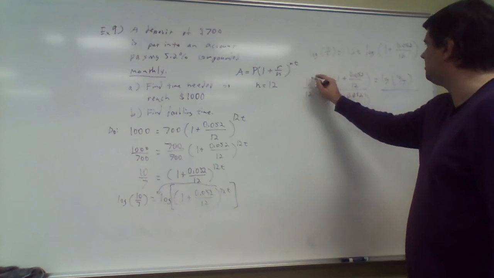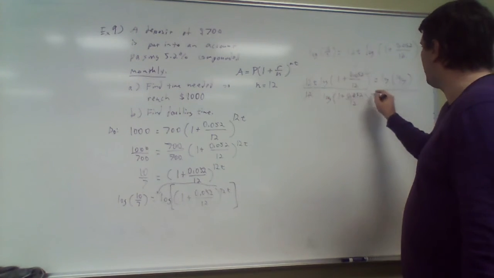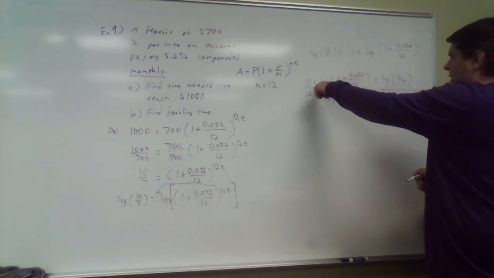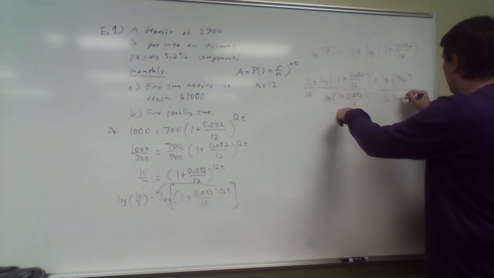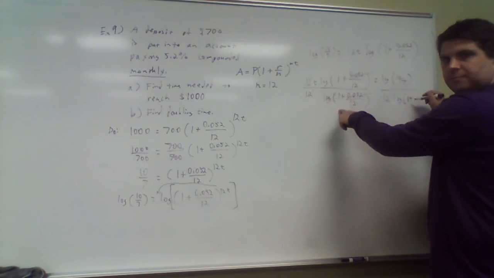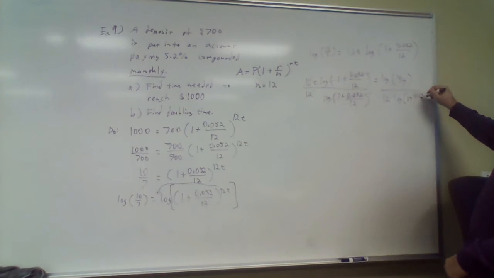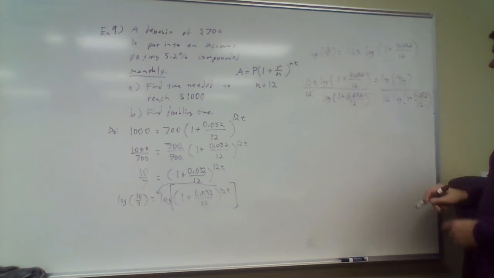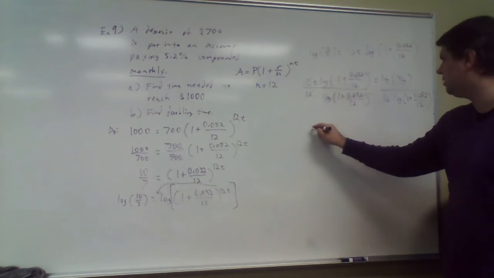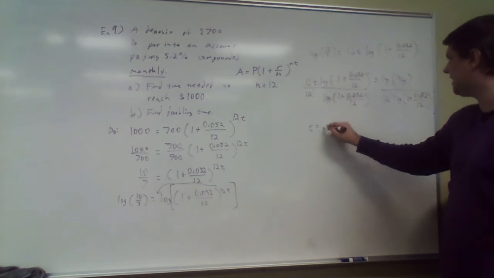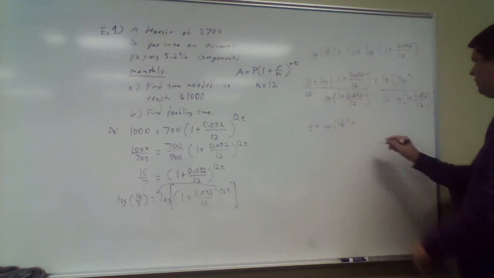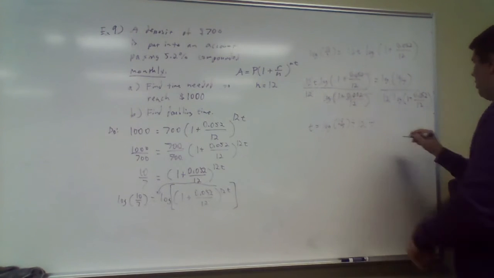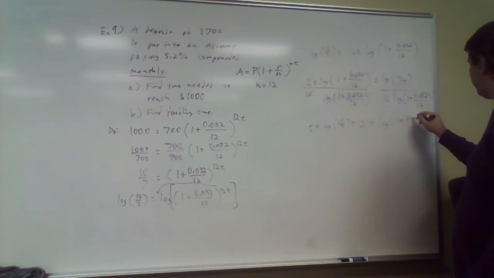So I might as well extend the fraction bar all the way over. You're going to do the same thing over here. So t will be the only thing that survives over here, and these have to be replicated down here. 12 and log of (1 plus 0.052 over 12), close the parenthesis, and t will equal log of 10 sevenths divided by 12, and also divided by log of 1 plus 0.052 over 12.